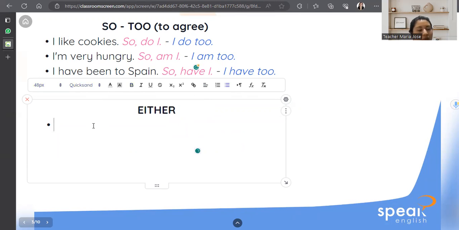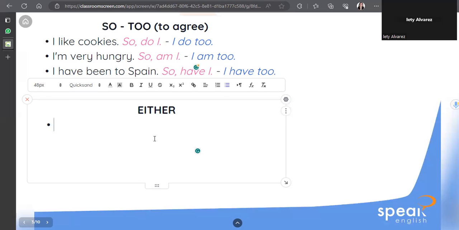So for this, remember you have to give me a negative sentence and then you give me the answer, okay, using either. So let's begin. Yes, a negative sentence.